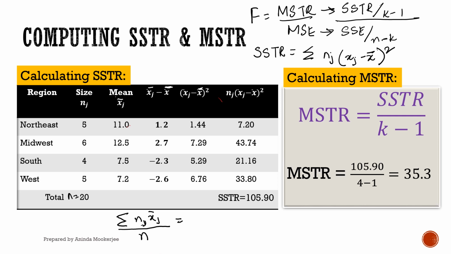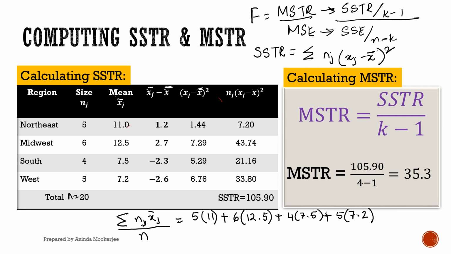For the first one, it's 5 times 11, right? n sub 1 is 5, so it's 5 times the sample mean for the Northeast, plus 6 times the sample mean for the Midwest, plus 4 times the sample mean for the South, which is 7.5, plus 5 times 7.2.